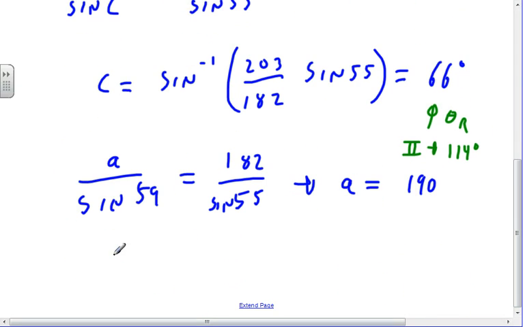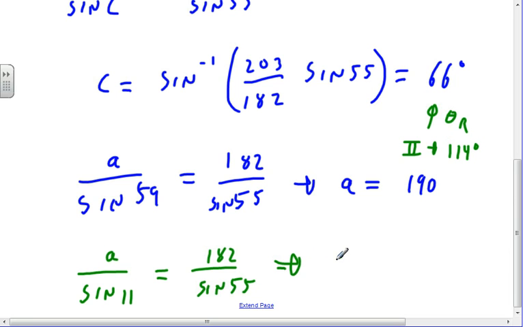Well, little a divided by the sine of 11 is equal to 182 divided by sine 55, implying little a is 42.4 meters.